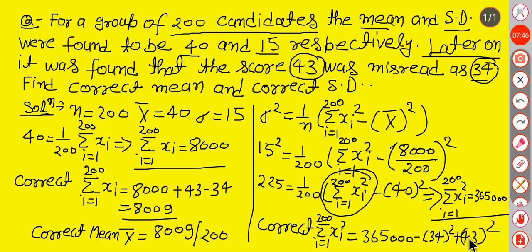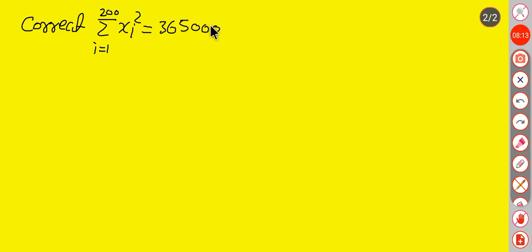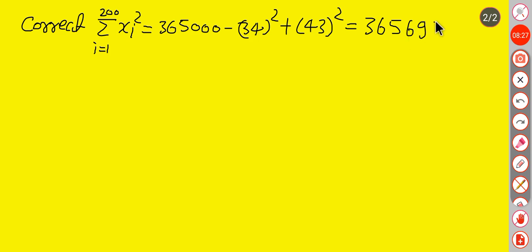Now I will take another page. The correct summation over i from 1 to 200 xi whole square would be 365000 minus 34 whole square plus 43 whole square, and that would be equal to 365693.